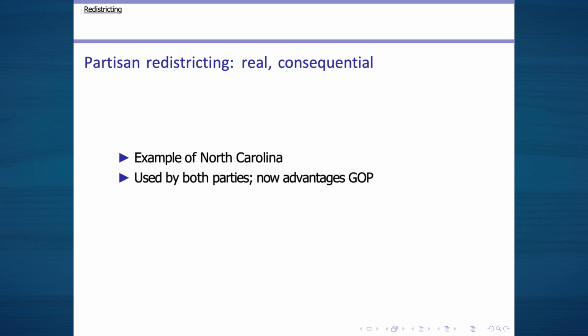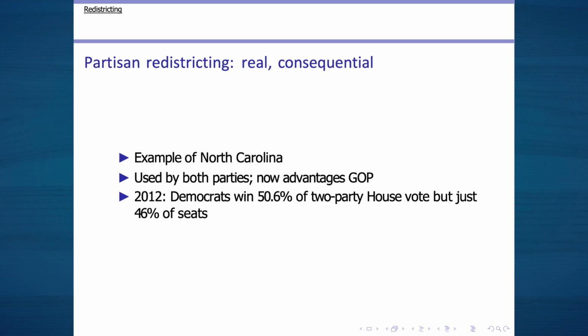And then, surprise, surprise, the Democrats in 2008 held on to the governor's chair, but then in 2010 they lost the legislature, and so Republicans drew the boundaries in the next election. And even though in 2012 Democrats had won almost 51% of the two-party House vote, they got just 46% of the seats.